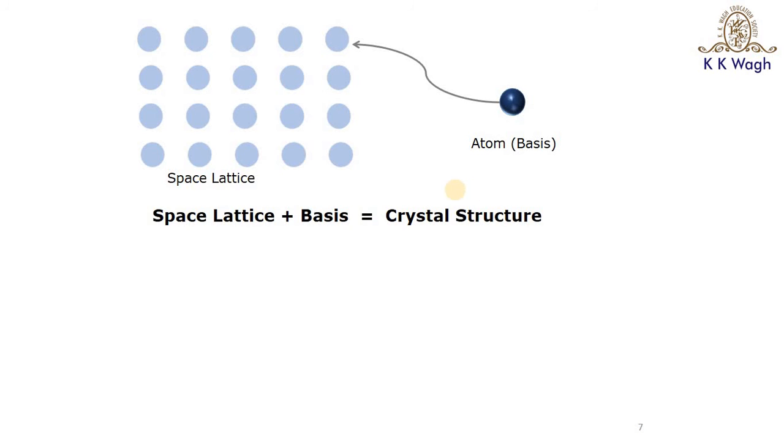So this is our imagination, that it has to be connected by the imaginary lines which need to be drawn in all the three dimensions, and this is the atom or basis. So how does the crystal structure form?